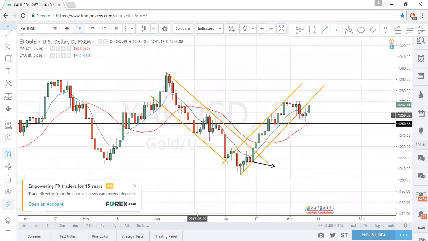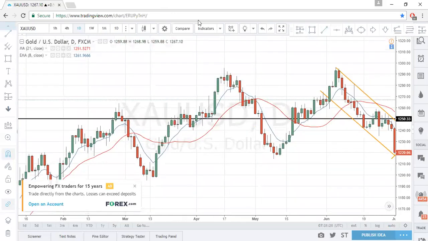See, market came all the way down. Market went all the way up. Right now, what is market doing? Market wants to go up. Have a look at this chart carefully and tell me what you see.